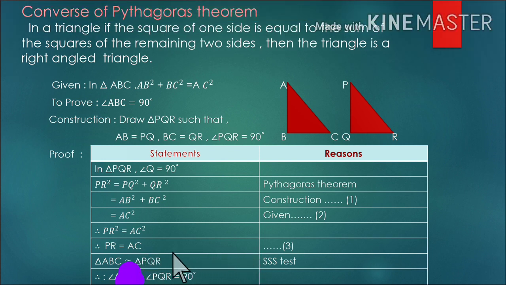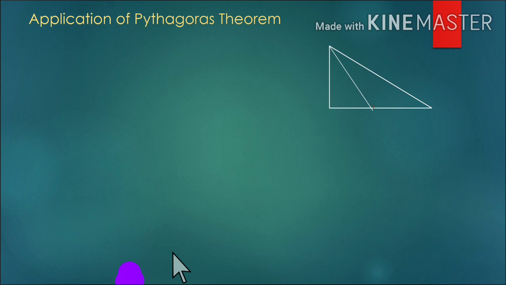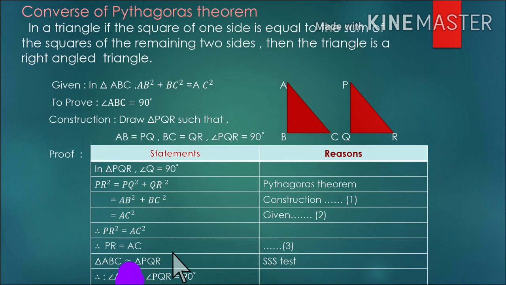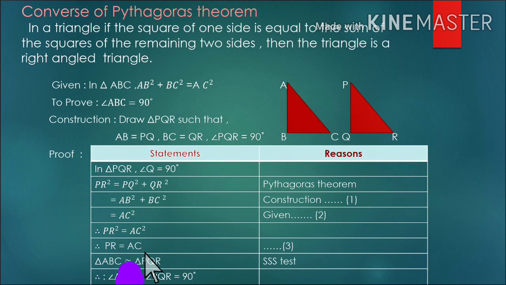Therefore, triangle ABC is congruent to triangle PQR by side test. Therefore, angle ABC is the same as angle PQR, which is equal to 90 degree. So, hence we have proved that angle ABC is equal to 90 degree. This is the converse of Pythagoras theorem.